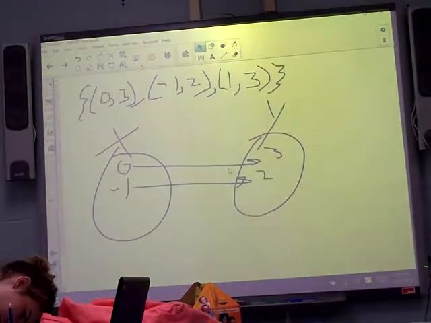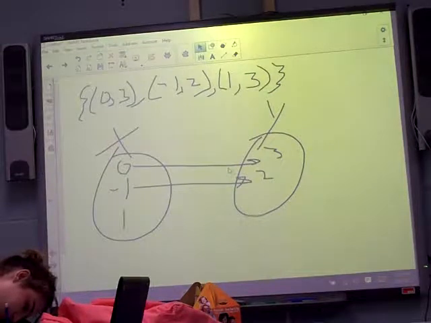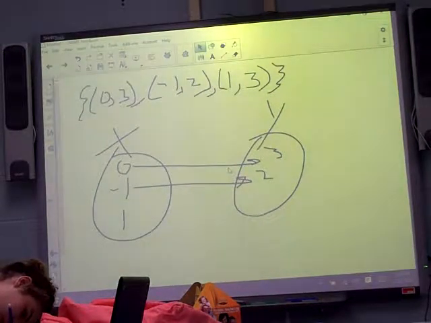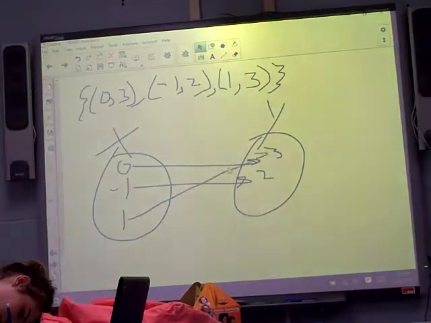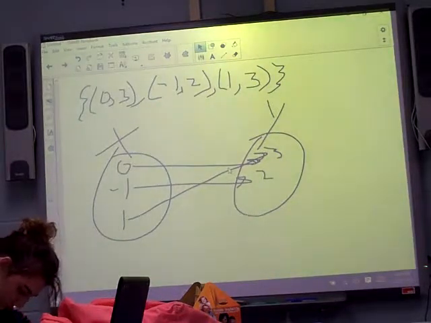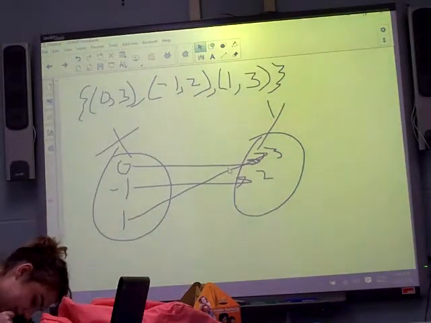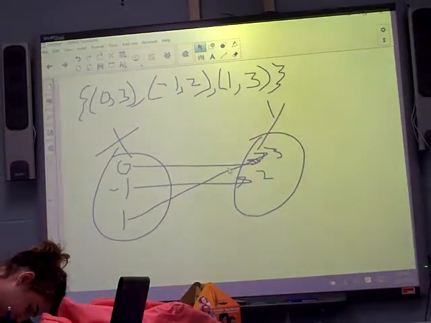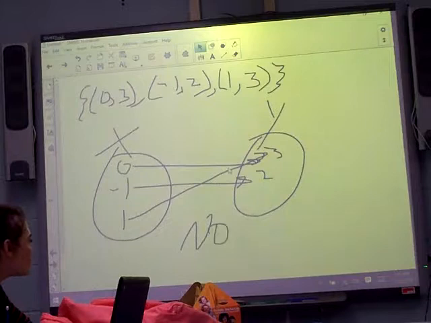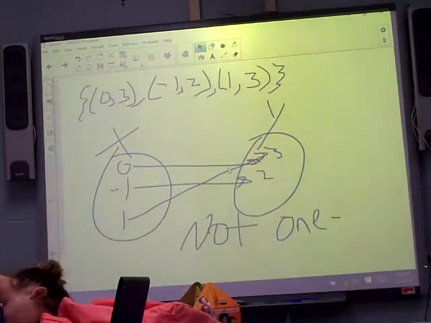The third has an x of 1, and it goes to a y of 3. I already have a 3 in that y bag, so I don't get to put another one. So 1 goes up there to that 3. Now, is there any number that's got a double arrow on it? Yeah, the 3 is getting reused. So that is not 1 to 1.